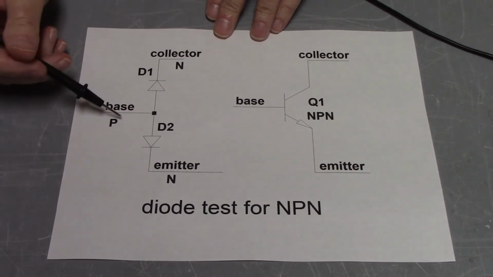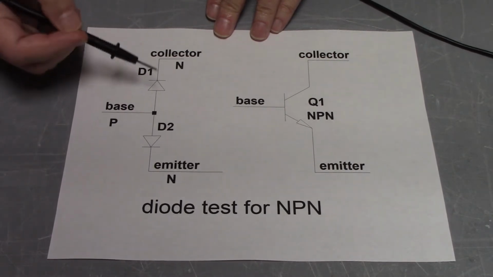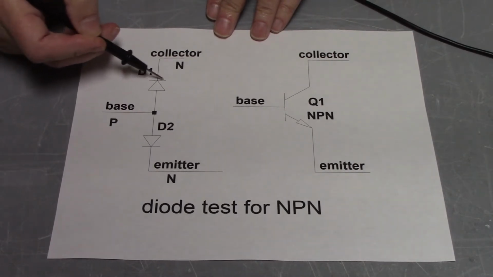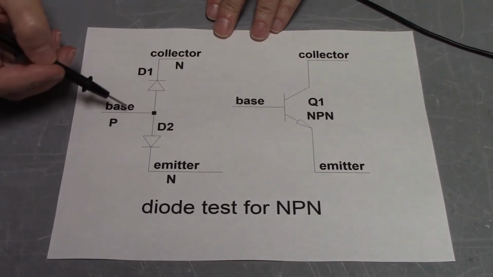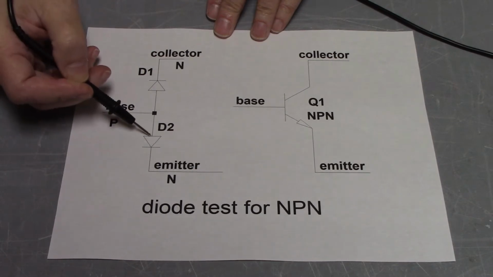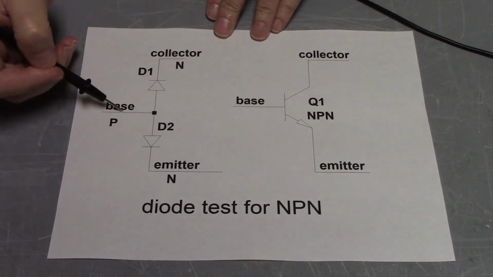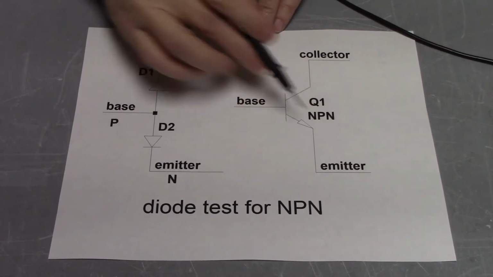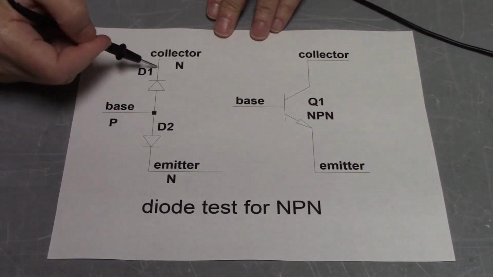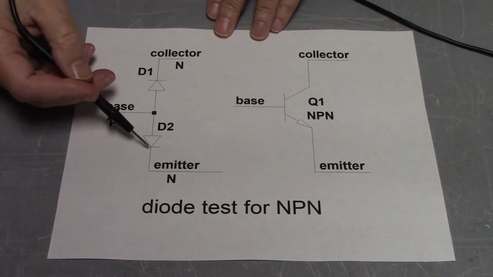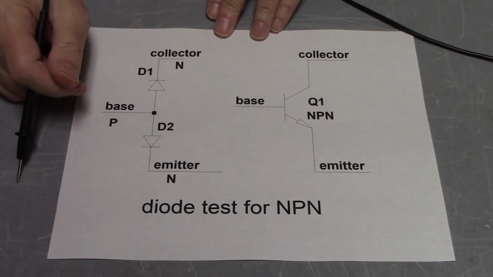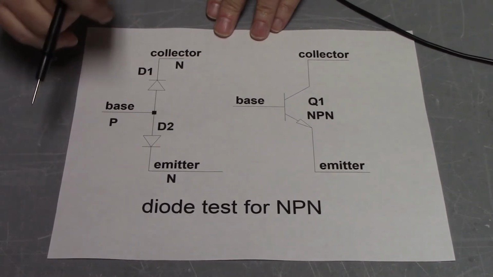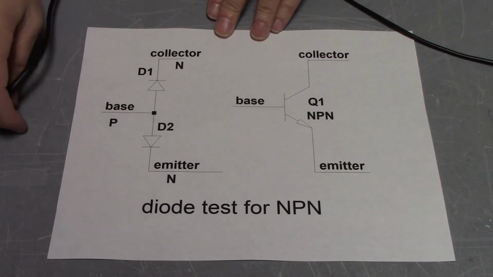And this is once again NPN, because we've got a cathode or a negative terminal, a cathode or a negative terminal, so there's an N, there's an N. And here in the center at the base, we have 2 anodes or positive terminals together. If we treat the transistor as a pair of diodes, we can check each of the diodes. And if each of these diodes check OK, then grossly the transistor is working, not burned out, not shorted. Let's go ahead and do that.